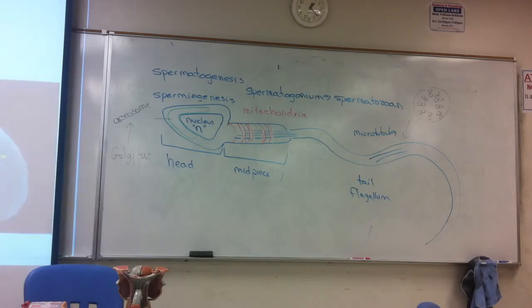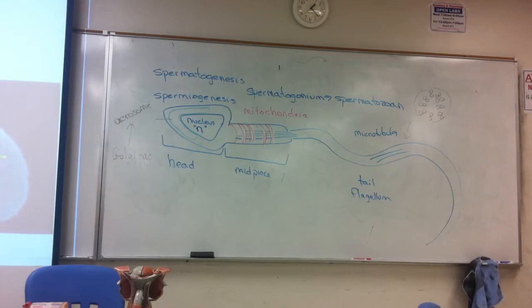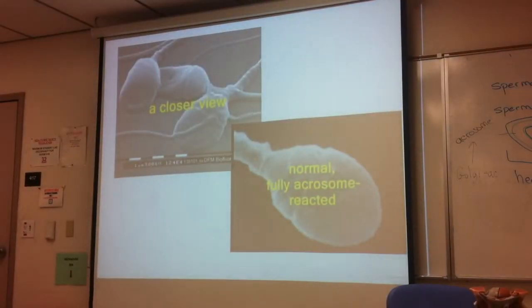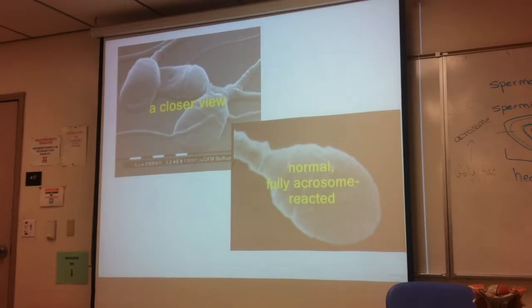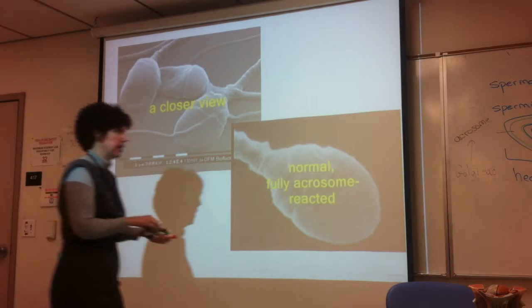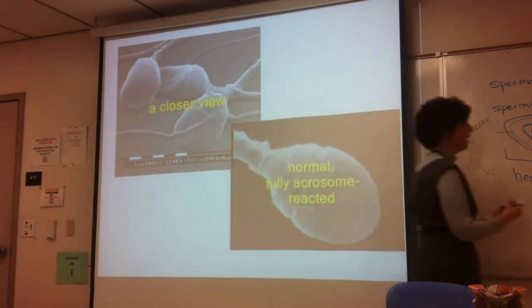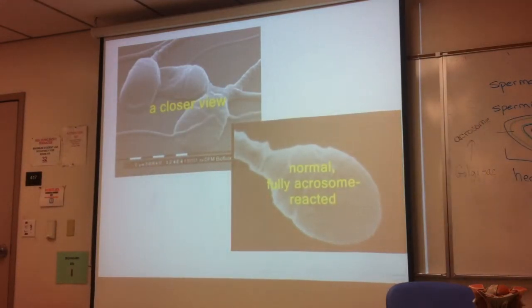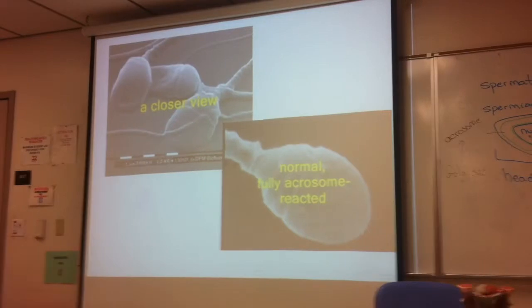So here's a view of a human sperm whose acrosomes have reacted, meaning the membranes have fused and been lost. Different animals have different shapes of heads. Human is kind of an angular arrowhead.